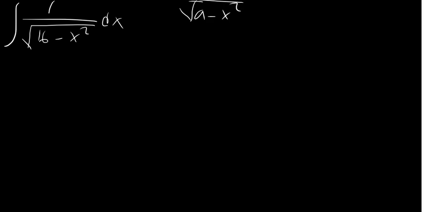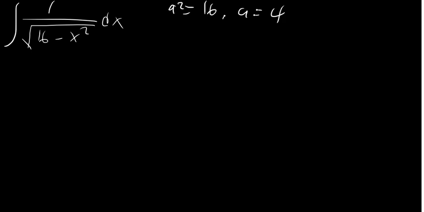So what else do we know now? We're going to be replacing. Our a squared is 16. What is our a? Our a is going to be 4, the square root of 16 is 4. What of x?